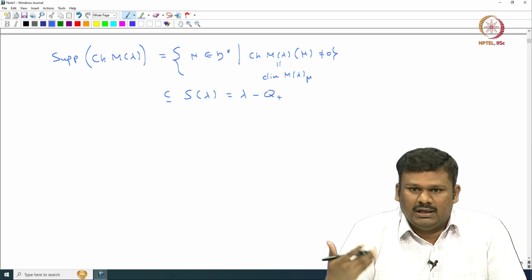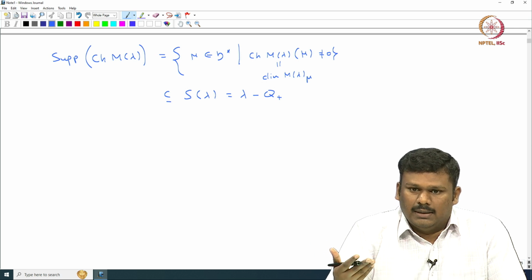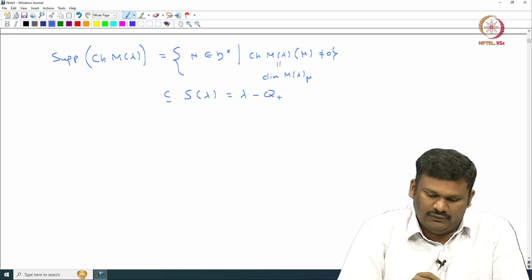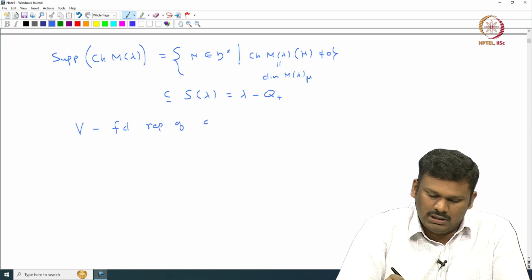So, in particular we can talk about the Jordan-Holder series and so on, but we already proved that the category of finite dimensional representations is indeed a completely reducible category. So, in particular any finite dimensional representation can be written as a direct sum of irreducible representations. So, that tells us that if you have a character for a finite dimensional representation, then we have the following property. Let us start with V, a finite dimensional representation of G being SL N plus 1.